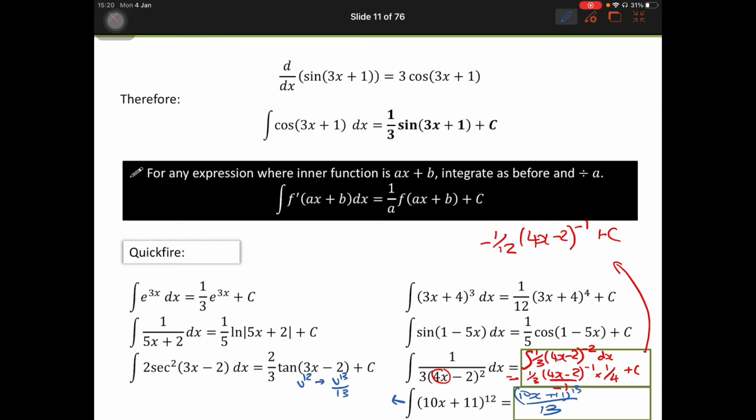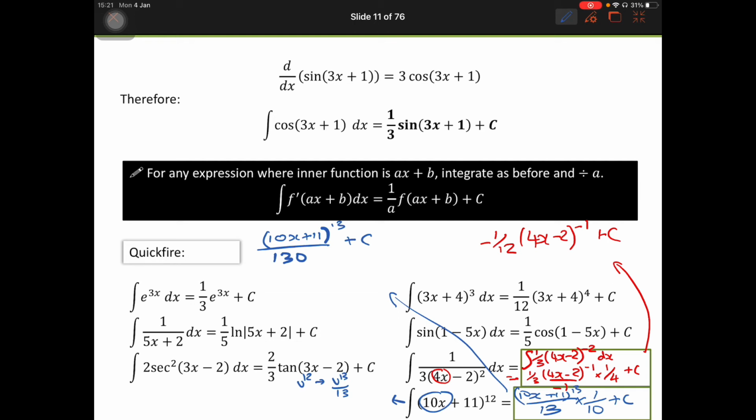But I always need to remember times by 1 over 10 and plus c, which means I will finish off with, bringing it all together, 10x plus 11 to the power of 13 over 13 times 10 to give me 130, plus c.